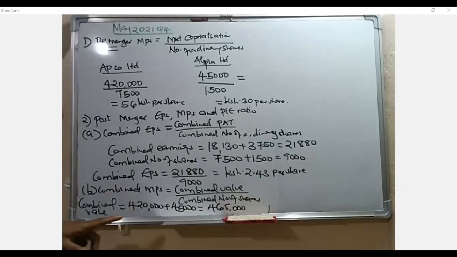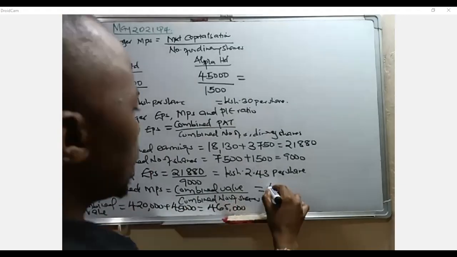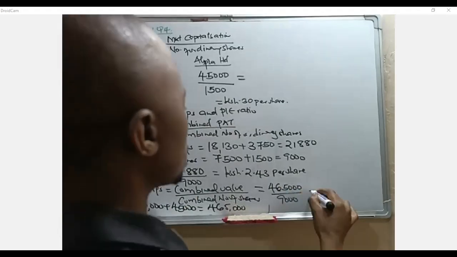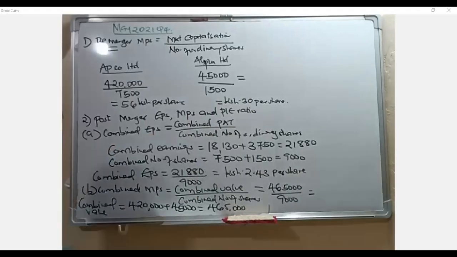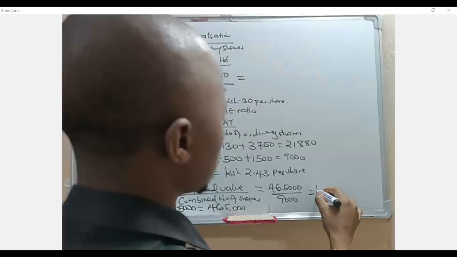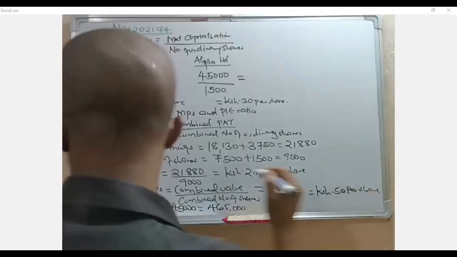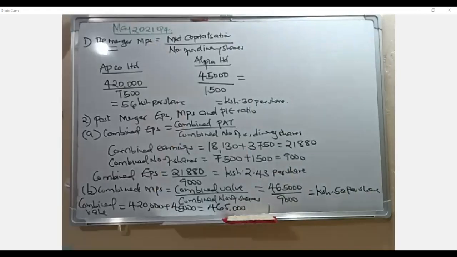Because I have the combined number of ordinary shares, I take 465,000 and divide by 9,000. So I divide by 9, and I get Kenya shillings 52 per share. That is okay.